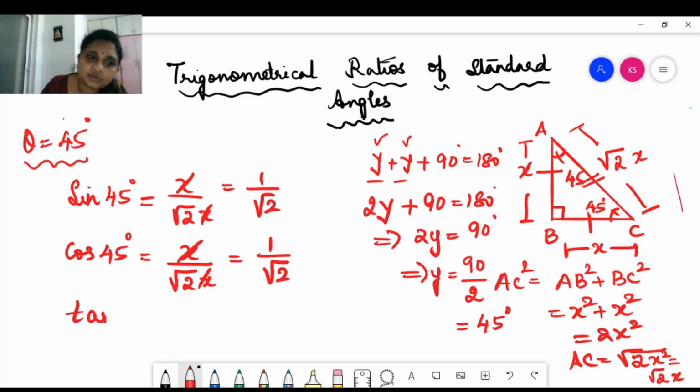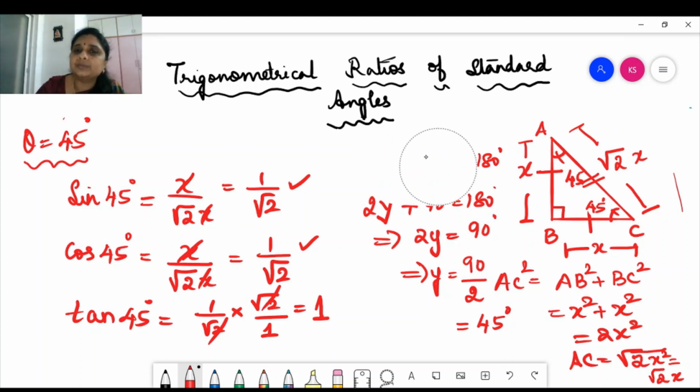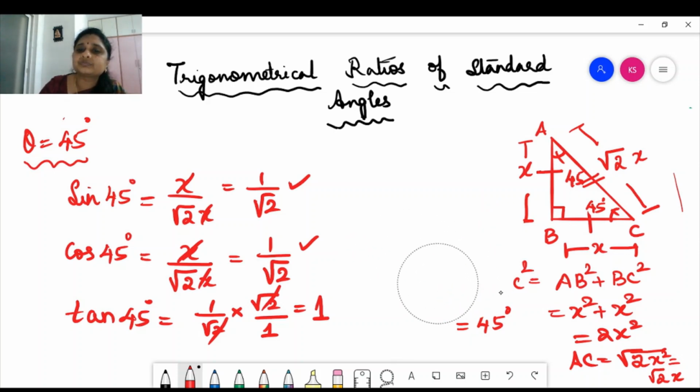So my tan 45 degrees is the ratio between these two values. So it's 1 by root 2 divided by 1 by root 2. Instead, I will multiply by the reciprocal of the denominator, that is root 2 by 1. And root 2 gets cancelled and I get the value 1. So my tan 45 degrees is 1. Okay. Now let me quickly move on to the reciprocal ratios.